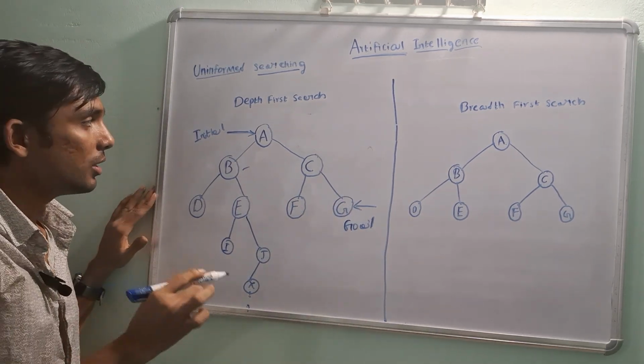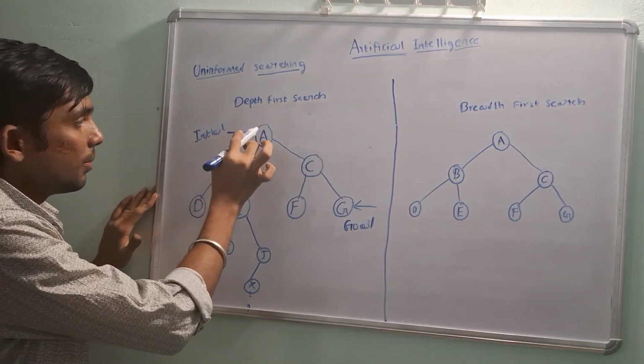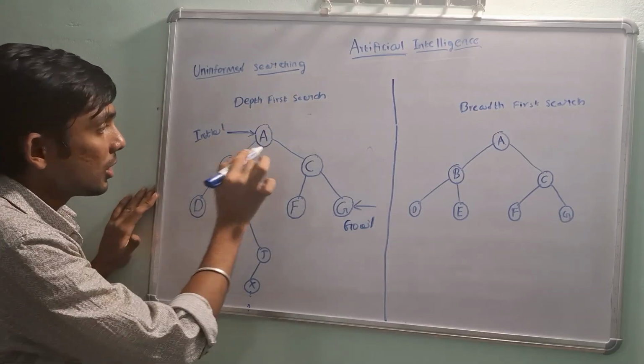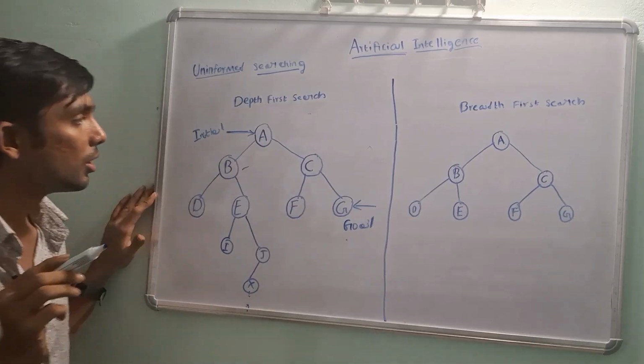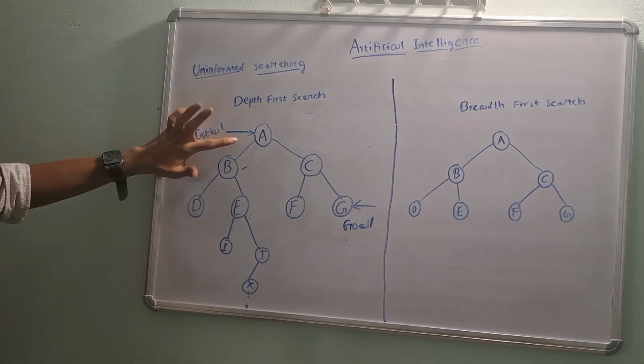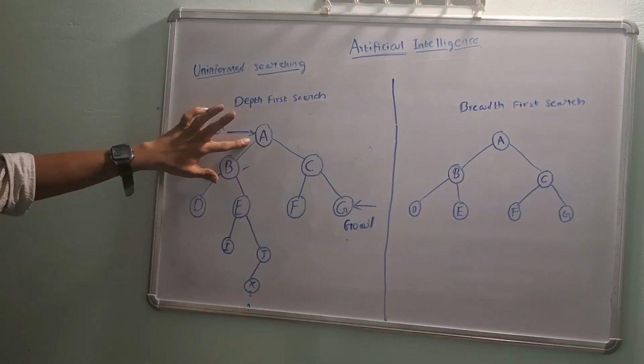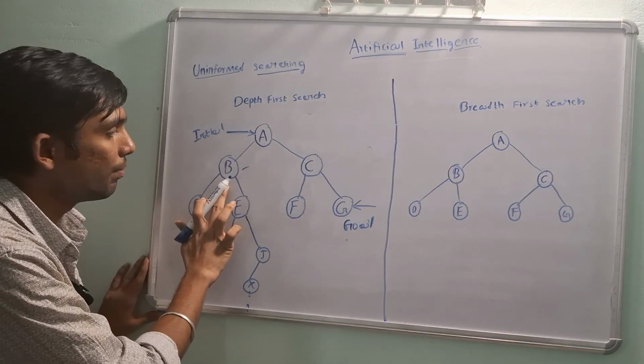Initially I said depth first search is an uninformed search algorithm, so we don't have any prior knowledge regarding the goal node. After exploring the node A, we have two possible choices. We can either go to B or to C.